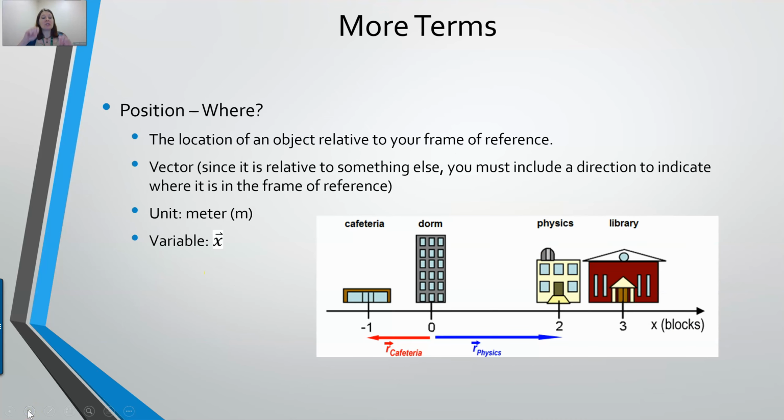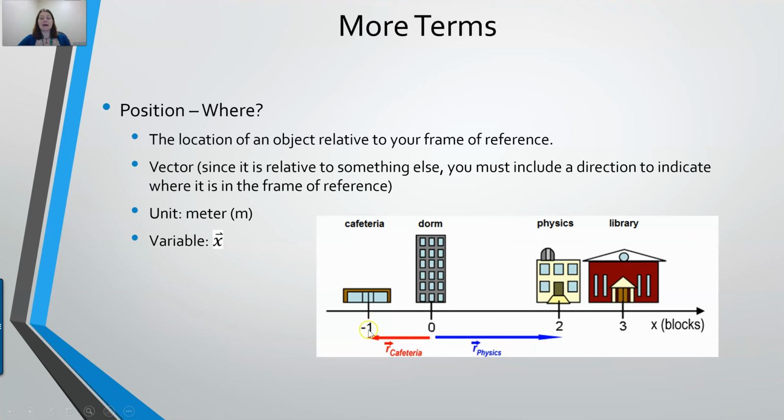All right. Position, this is really important to distance because remember I was talking to you about your initial position and your final position for displacement. The position is where you are in your frame of reference, okay? It is a vector since it's got to be relative to something else. It is also measured in meters because it's how far away you are from other things in your frame of reference. And the variable is an x with a little arrow on the top of it.